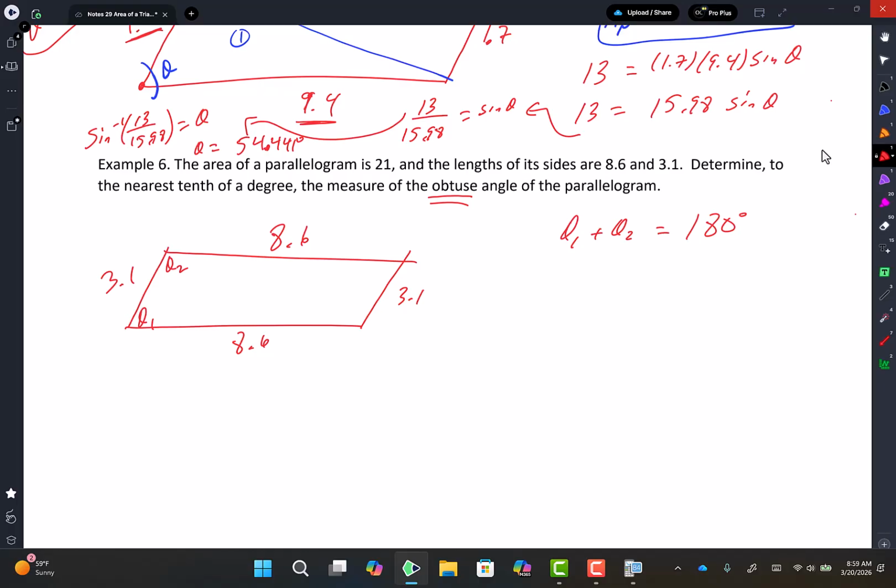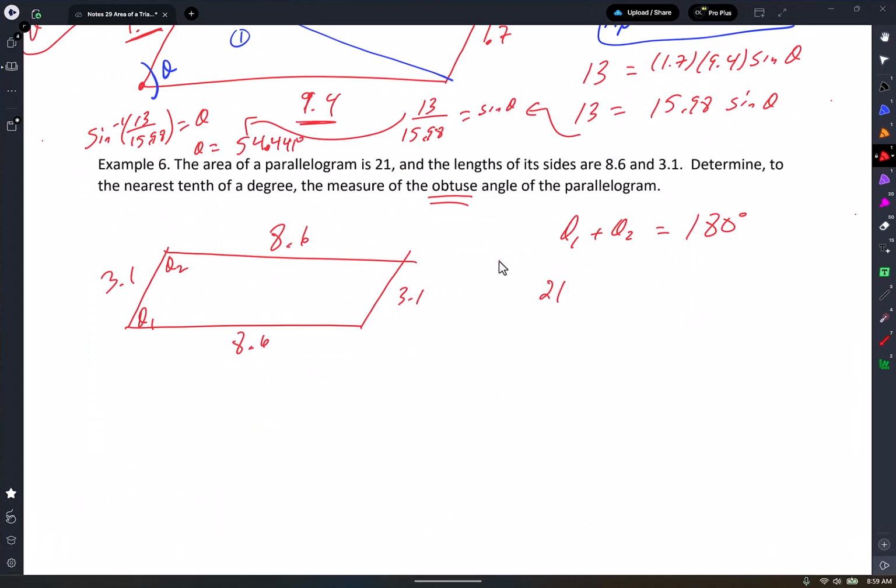All right, so here we go. What's the area of this parallelogram? So I'm going to write 21 equals 3.1 times 8.6 sine, and it's going to give me theta 1. It's not going to give me theta 2.